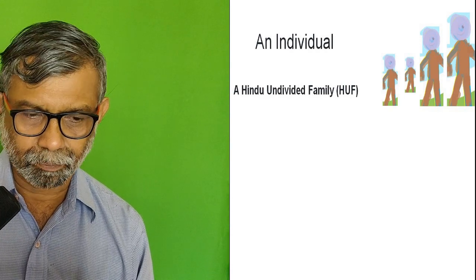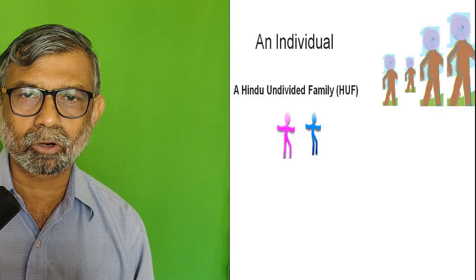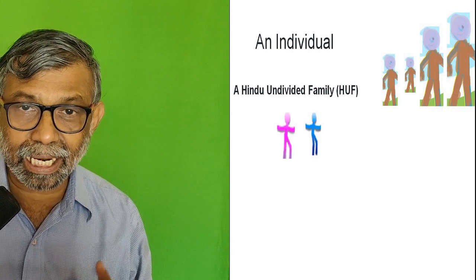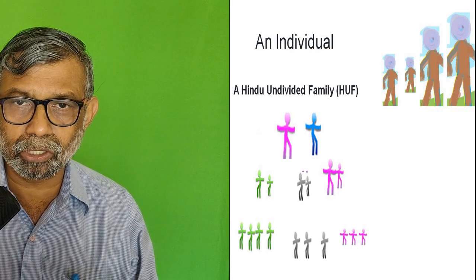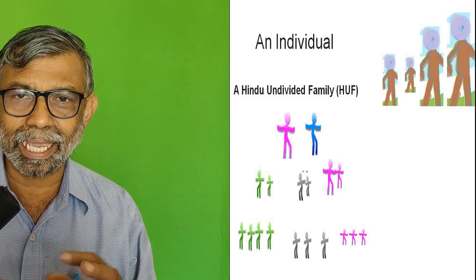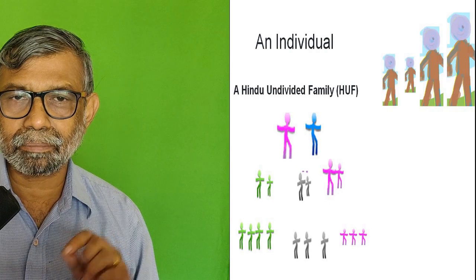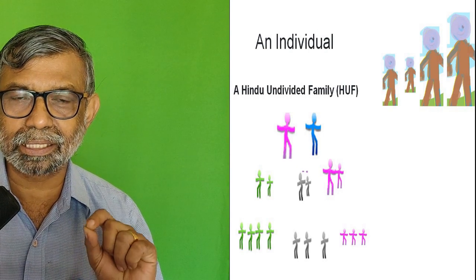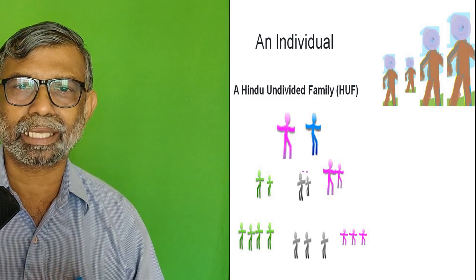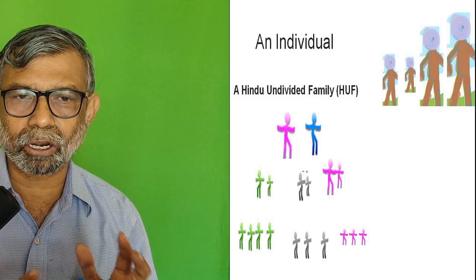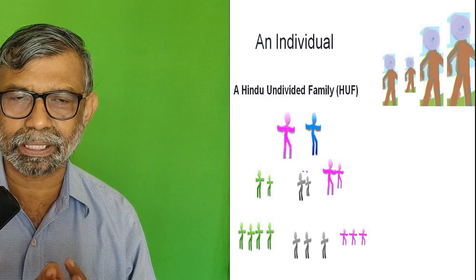This is a family. This family stays together under one roof and works together, earns income, pools it together and distributes it among themselves or uses it for their well-being. So that's called a Hindu undivided family. The Income Tax Department considers such a Hindu undivided family as one unit, not individuals separately, because all of them are working towards one objective, one purpose.